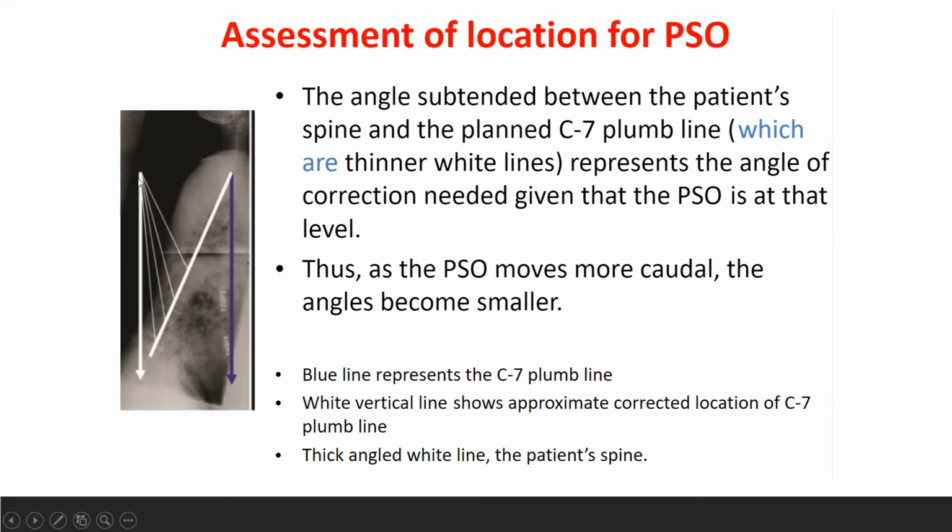From that point, you draw a line to the centroid of the caudal lumbar vertebra. These are the caudal vertebrae where you need to focus more on the osteotomies, the pedicle subtraction osteotomies or the Ponte osteotomies. Thus, as the pedicle subtraction osteotomy moves more caudal, the angle becomes smaller.